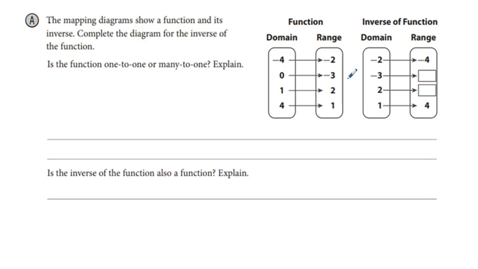Well, for the inverse of that function, the x's and y's switch, so the output for an input of -3 is going to be 0. And then in the domain, we have an input of 1, output of 2. Well, for its inverse, the input of 2 becomes an output of 1.